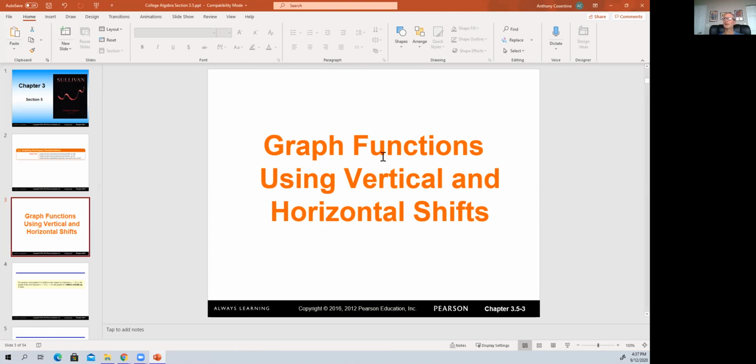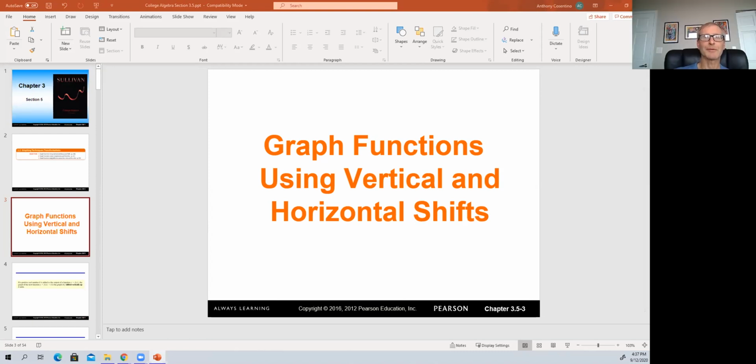And the first one, and I think the easiest one, is the vertical and horizontal shifts. So the vertical shift, remember, vertical is on the y-axis, right? So when we talk about a vertical shift, we go up or down. That's what we mean by vertical shift.